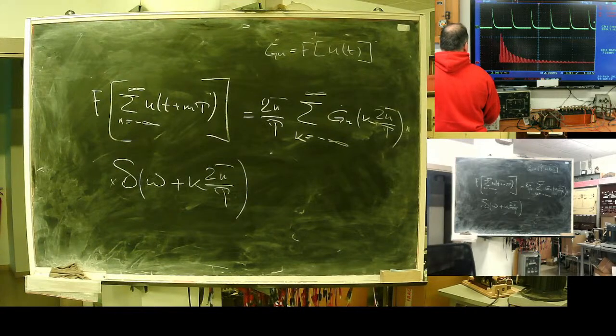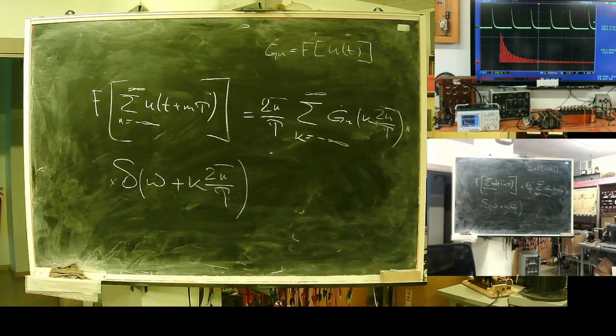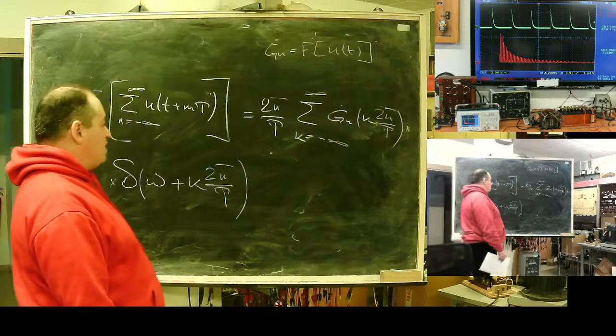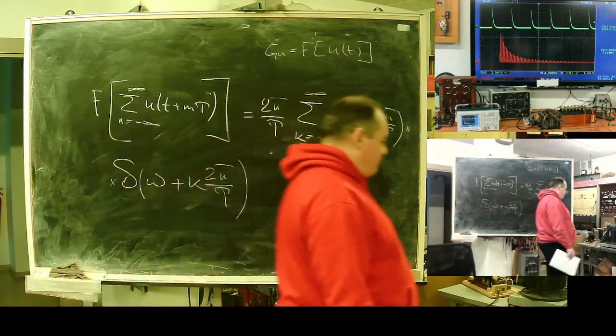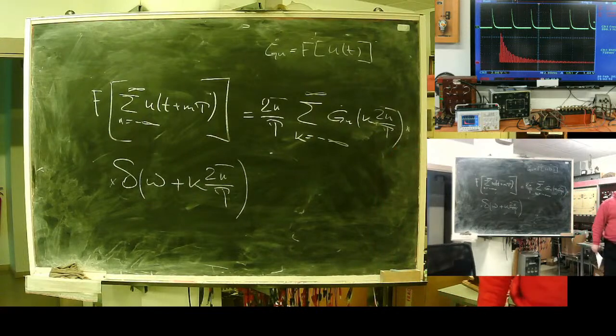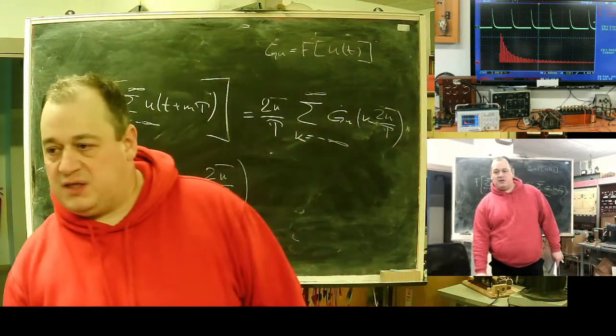And if someone tells me this spectrum isn't discrete, is it continuous? No, it's discrete. So a sequence of pulses has the spectrum of one pulse represented as a discrete frequency function.